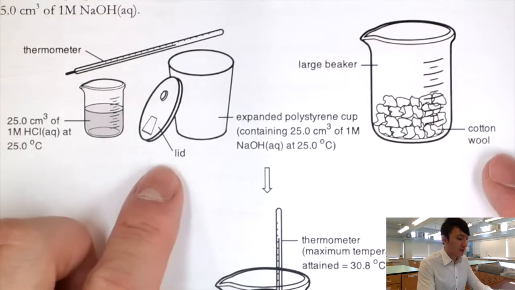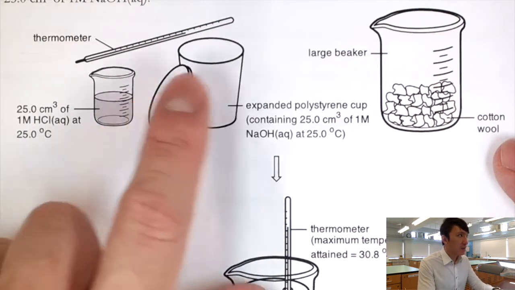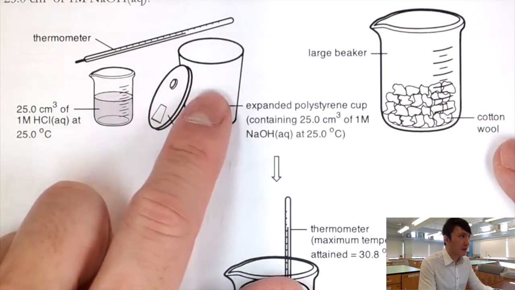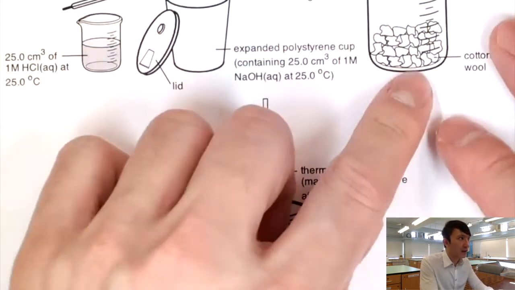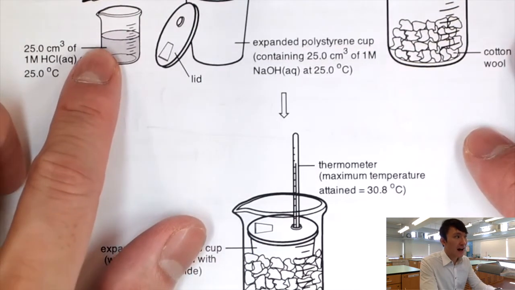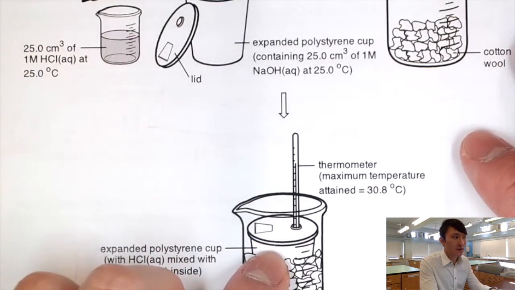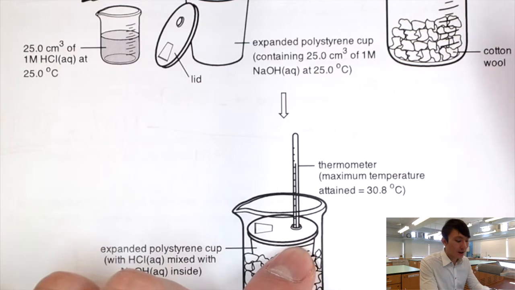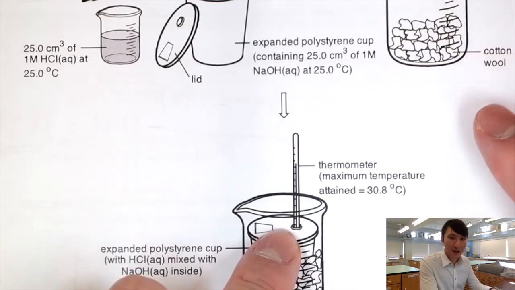So what we are doing here is we put the polystyrene cup into the large beaker, and then we surround it using the cotton wool. And after that, we are going to pour the acid into the polystyrene cup and immediately cover the cup with the lid and insert the thermometer inside.